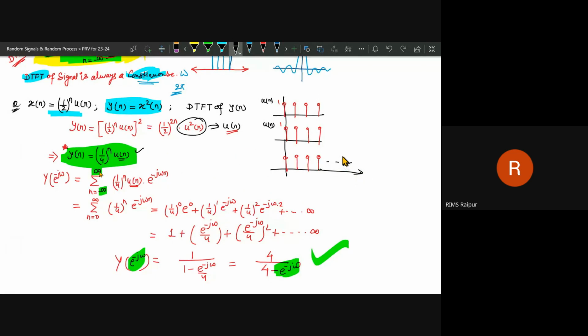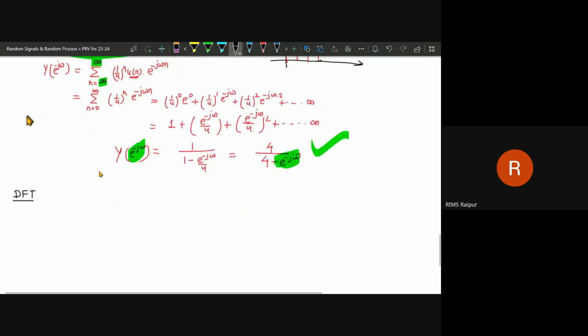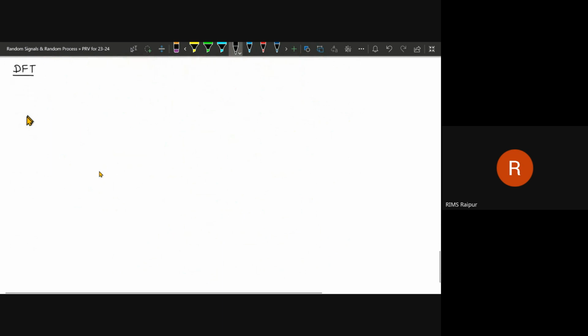For such signals, we apply DTFT. Whereas if we have a finite time sequence, then we apply DFT. Correct? The full form of DFT is discrete Fourier transform.